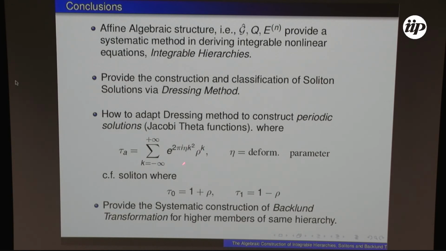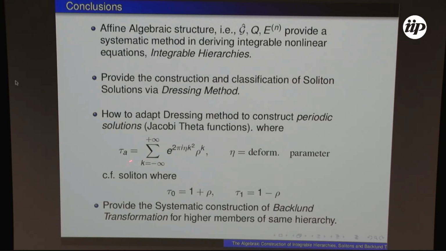And the Jacobi theta function is some series like this, an infinite series, but it has a parameter, eta. When this eta goes to infinity, you take a limit, you can reabsorb terms, and you end up with something like this, which is precisely the tau function of the one soliton. So the Jacobi theta function has the one soliton as a particular limit.